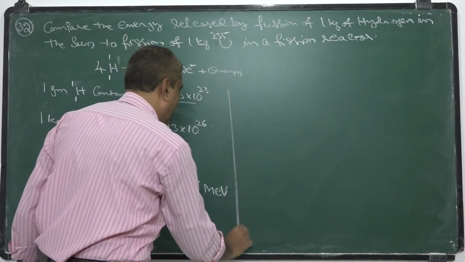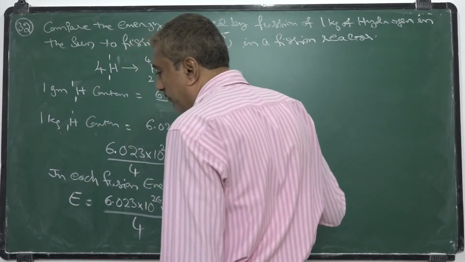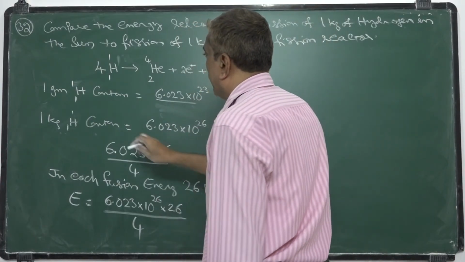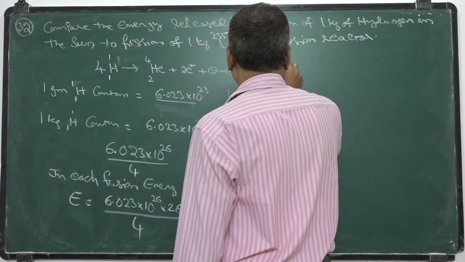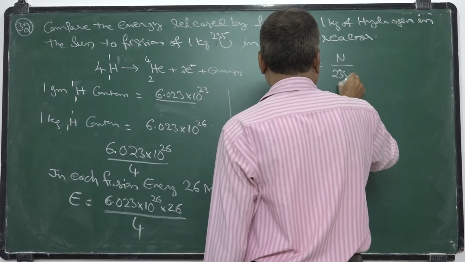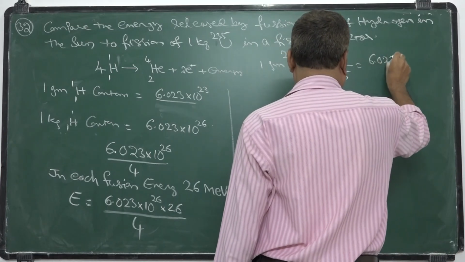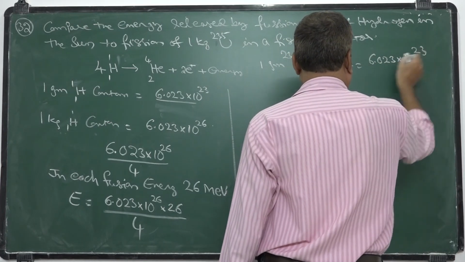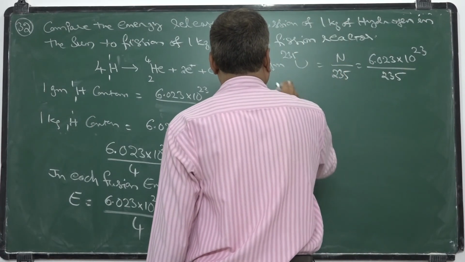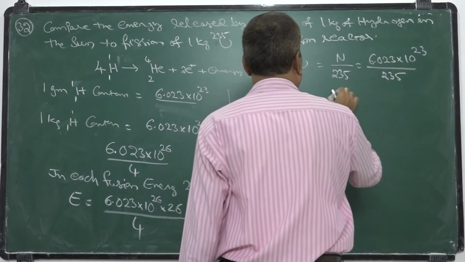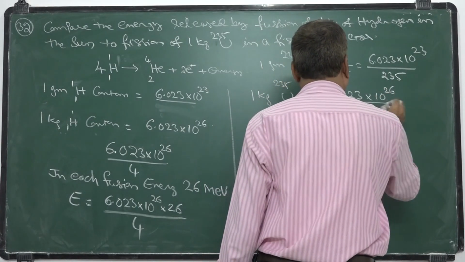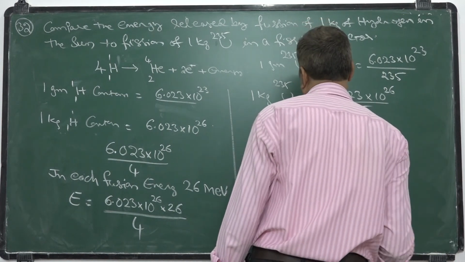Now on the other hand, we will calculate the fission of uranium-235. 1 gram of uranium-235 contains N by 235, that is 6.023 into 10 to the power 23 by 235 atoms. So 1 kg of uranium-235 contains 6.023 into 10 to the power 26 by 235 atoms.